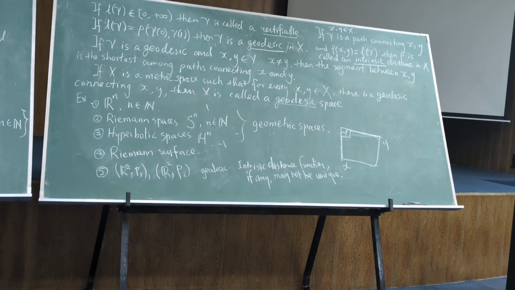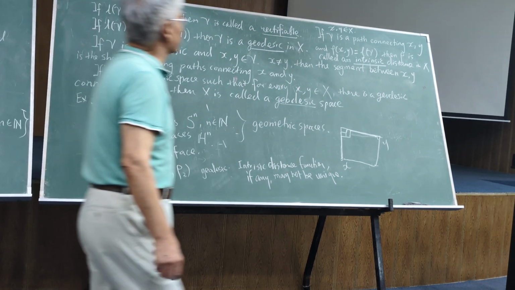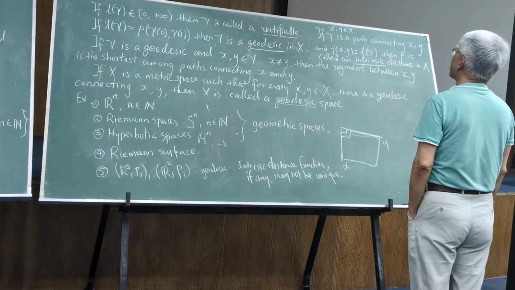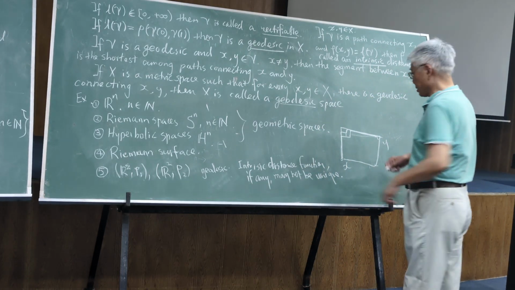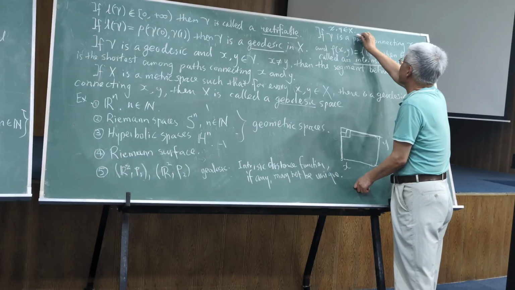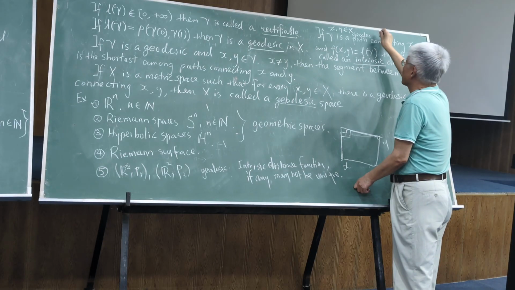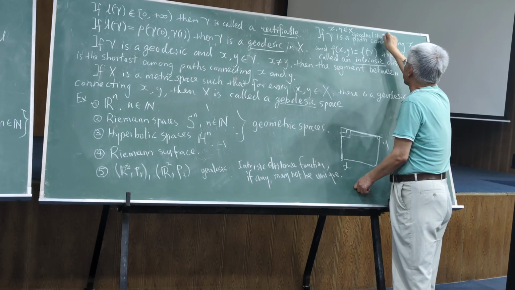Is there any condition on gamma? Because if we choose arbitrarily a different gamma, then the length of gamma could be different. Gamma is the geodesic, the shortest path. Yeah, then it's the geodesic. If there is no geodesic, we use shortest path.